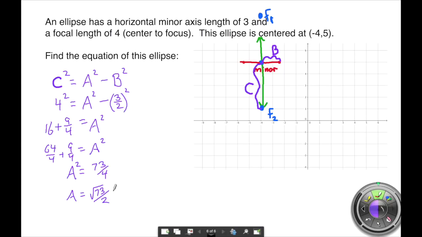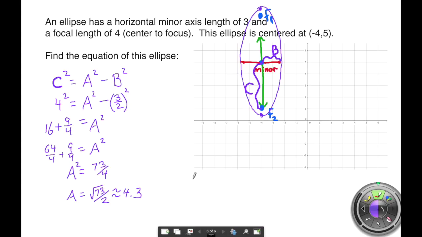So that's approximately 4.3. So it's just a little lower than these foci. So we're talking about a little bit down here and a little bit up there. And then this would become your ellipse with the foci on the inside of it along the major axis.